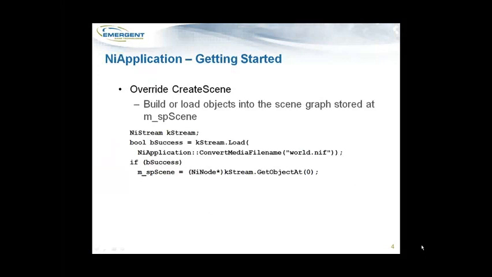We create a stream to load data off of disk, give it the file name world.nif, passing it through a utility function that does whatever platform-independent work is necessary to turn that file name into a complete path, load that stream, and if the stream load is successful, assume that what we want to render is the first object in that stream. This is very, very simplistic.